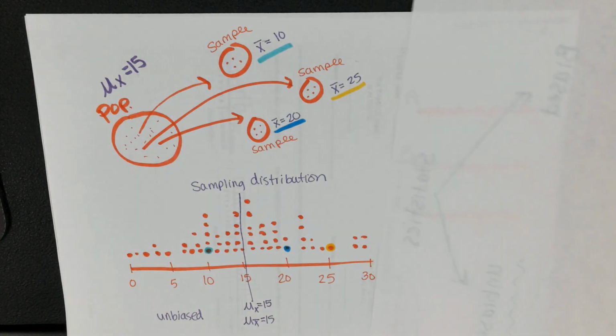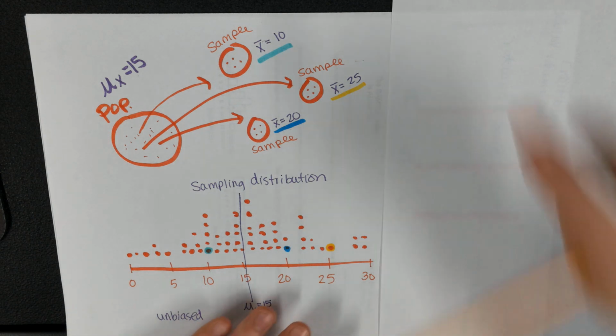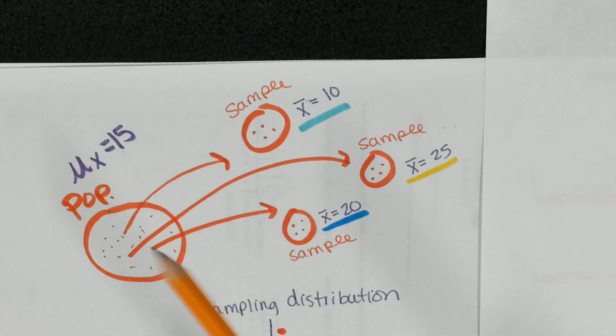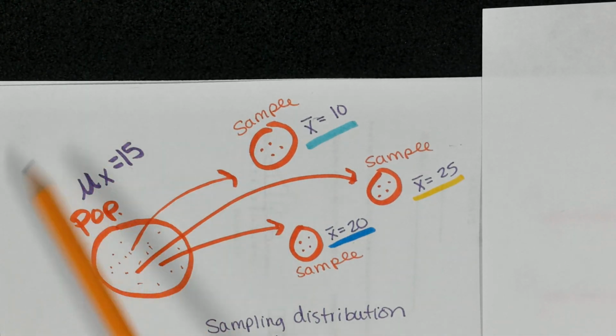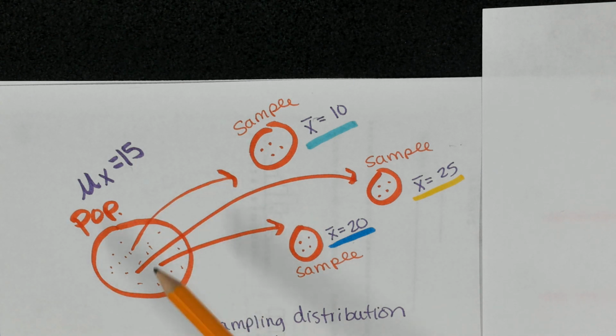Let's just look at an example of that, though, if that was a little bit too foreign. So here is my population that I'm showing you right now. Maybe there's a kids club, and the mean age of all the people that go to that club is 15, okay? And so, like a school club or something like that, okay? This is the population, okay?